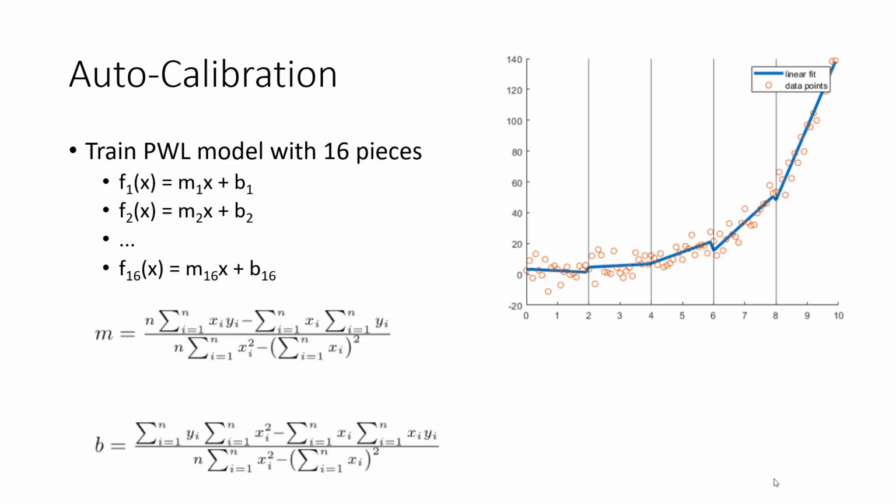Now for this to work, this is where things are a little confusing. You have 16 models, 16 linear lines. A line is just a slope and an intercept. Slope is M, intercept is B. Very simple. But there's 16 different slopes and 16 different intercepts depending on which segment you're in.